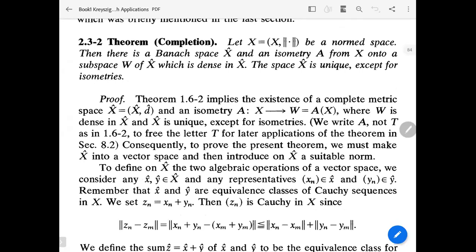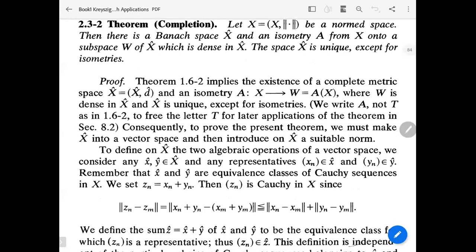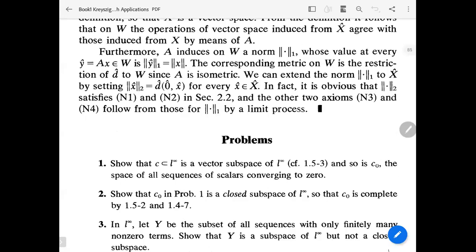But there is something more: a normed space has the structure of a vector space, vector addition and scalar multiplication. So you can define a vector addition and scalar multiplication on the completion as well. Vector addition and scalar multiplication are compatible with this completion theorem. So you can just read it.